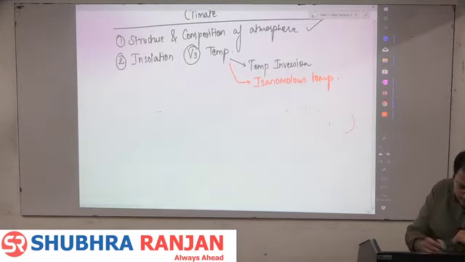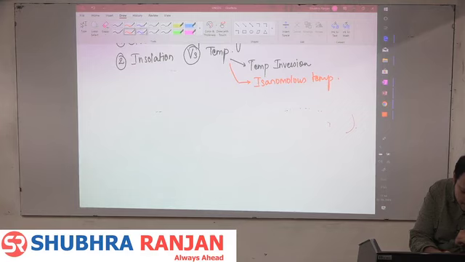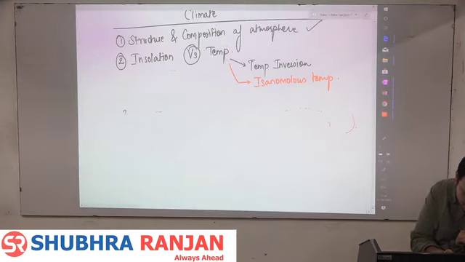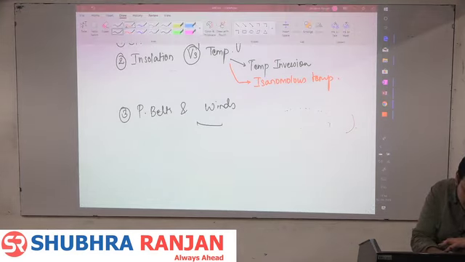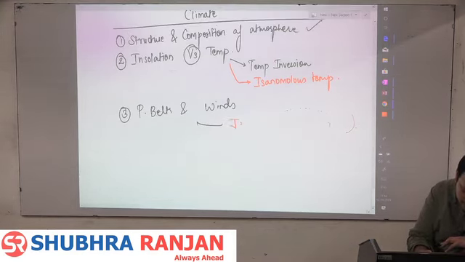You will never study it in GS. Then I guess there is no problem in the pressure belts and winds. I will obviously explain trade winds, westerlies, local winds, and we will be doing them in detail. Here our focus will be on jet streams, their origin, the index cycle of jet streams.